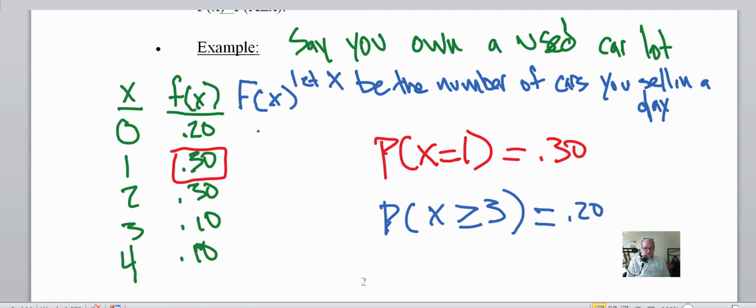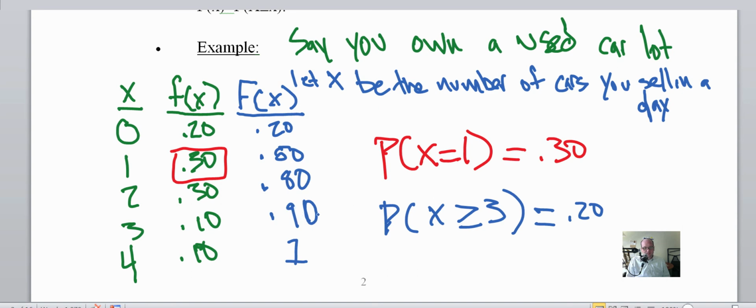So 0 or smaller, that's just 0.20. 1 or smaller, that's 0.3 plus 0.2, so that's 0.5. 2 or smaller, that's 0.3 plus 0.3 plus 0.2, that's 0.8. 3 or smaller is 0.90. And 4 or smaller is 1. This is the cumulative mass function, capital F of x. We'll see in a little bit that this becomes pretty important.